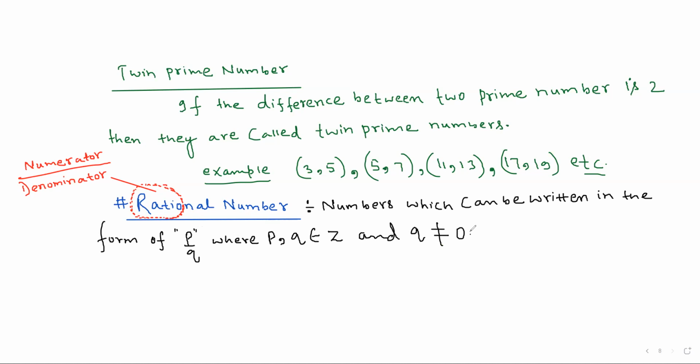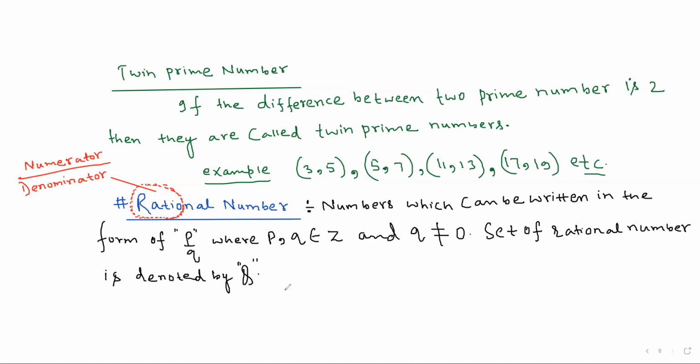The set of rational numbers is denoted by capital Q.